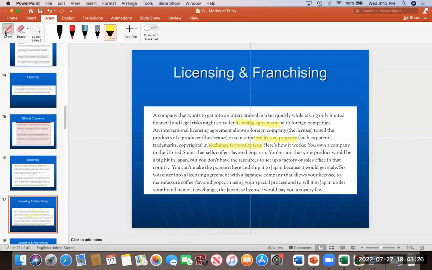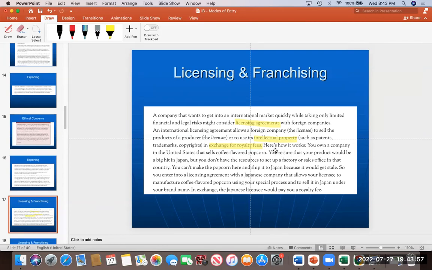Which country is it originally manufactured in? Let's use Toyota Jamaica. Toyota Jamaica would be somewhat of an example of licensing. Even Carib is an example of licensing, because Carib has to sign an international license agreement to use the intellectual property of movies, and they have to pay royalties to the owners.